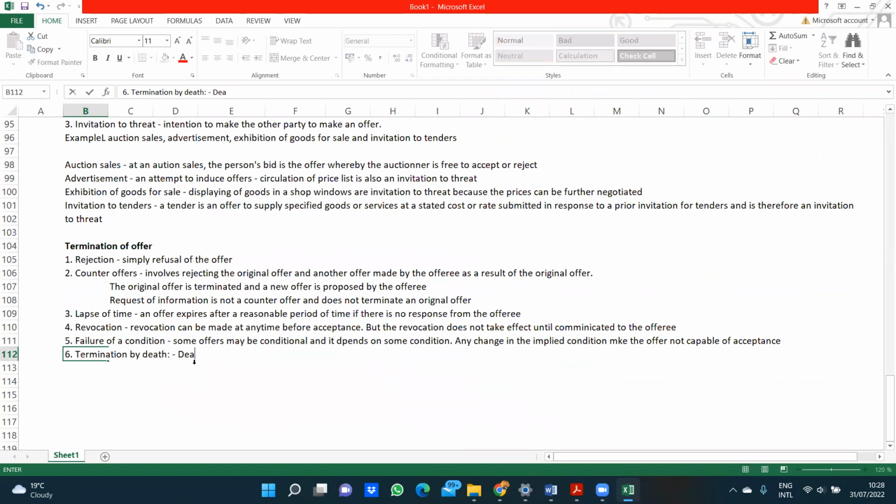Death of the offerer automatically terminates the contract.